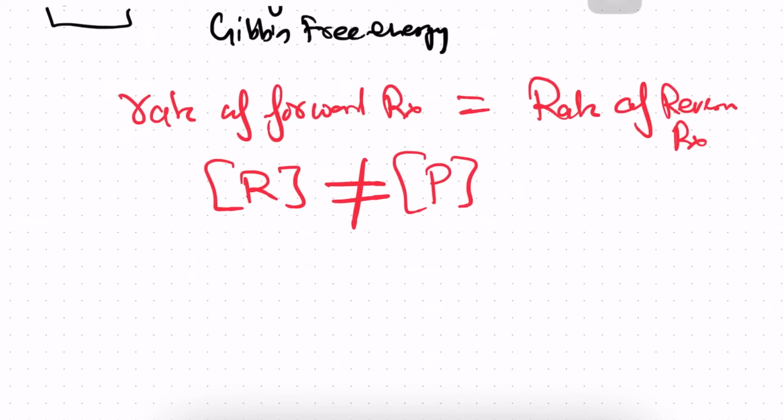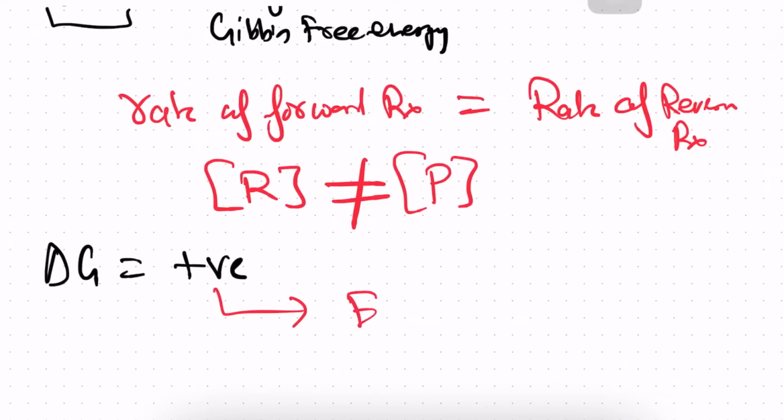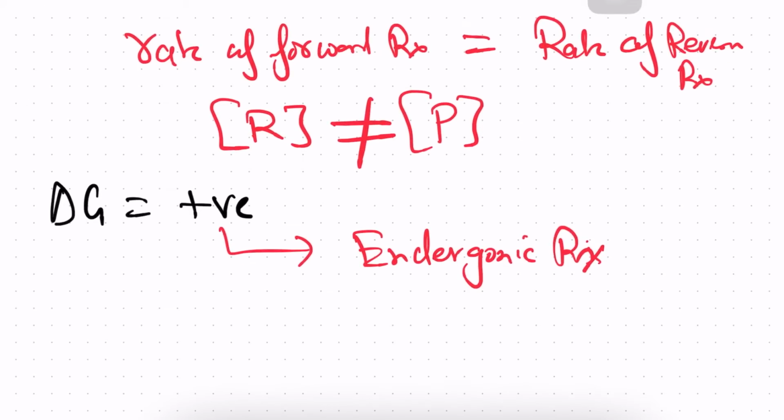Hopefully you are going to keep these points in your mind. Now, if the value of delta G is positive, keep in mind such reactions are endergonic reactions. These reactions require input of energy. The reactants have less energy, while the product has more energy.